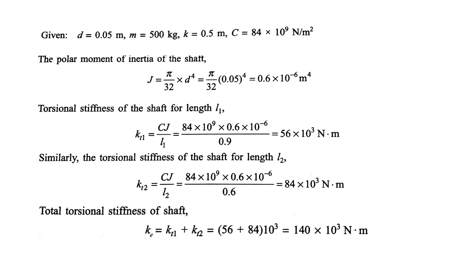We should add them because the arrangement which we have shown in the previous slide is that of a parallel spring arrangement. So the equivalent stiffness is the sum total of the stiffness of each shaft. The equivalent stiffness value is 140 × 10 raised to 3 Newton meter.